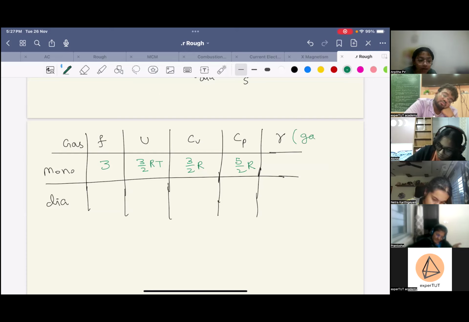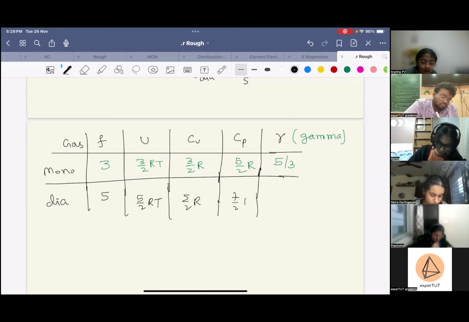For diatomic, the degree of freedom is 5. Then U is 5 by 2 RT, CV is 5 by 2 R, CP is 7 by 2 R, and gamma is 7 by 5.